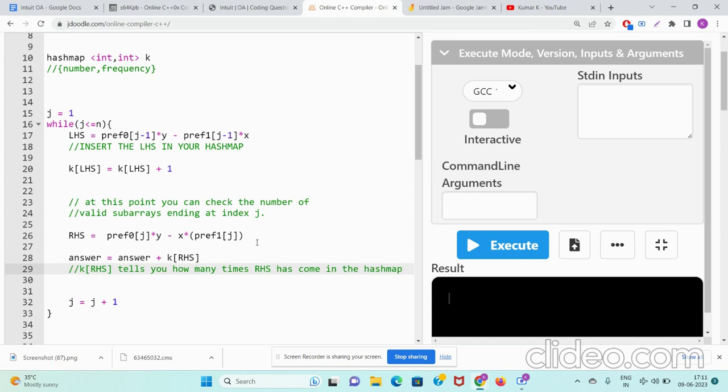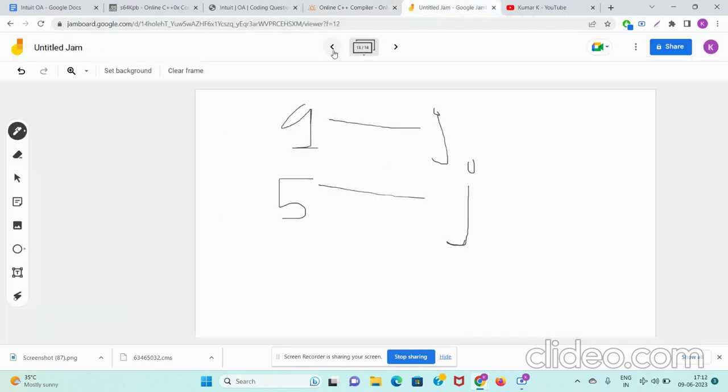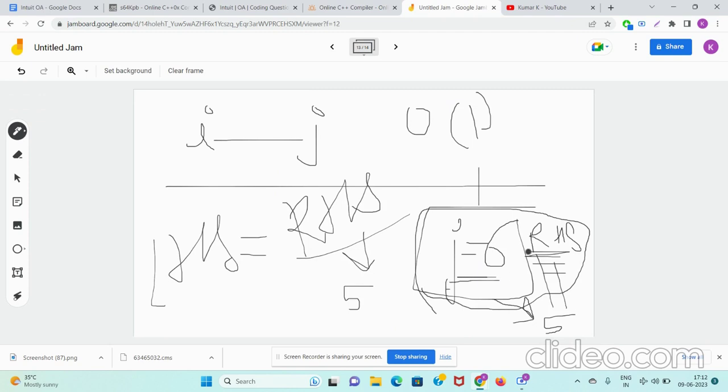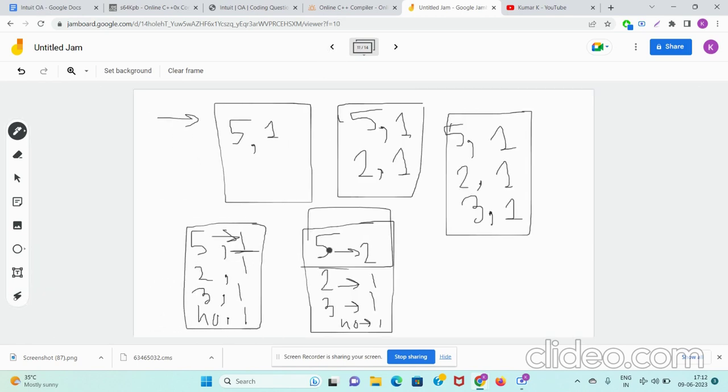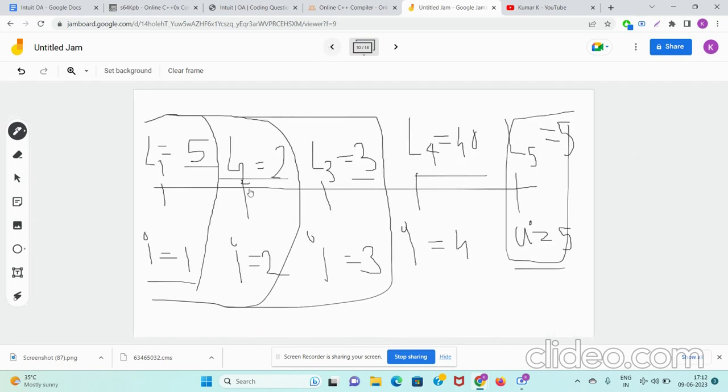So guys, this is very easy. You are already storing the values in the K hash map. Now you just want to know, say your RHS is 5. At index j equal to 6, we calculated that the RHS is 5. So you want to know how many indices i from 1 to j minus 1 are there such that their LHS is 5, because you want to make LHS equal to RHS, and we know that this case happened two times, at this place and at this place. So this was already stored in the map.